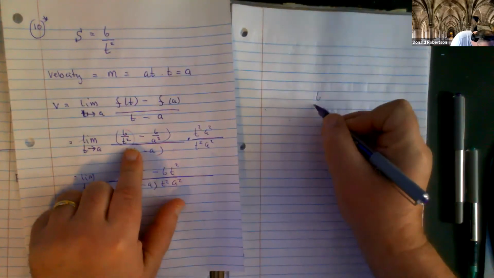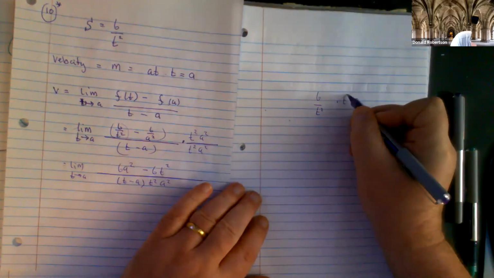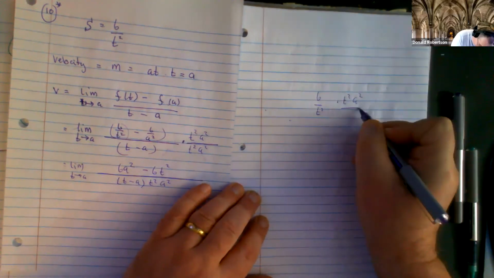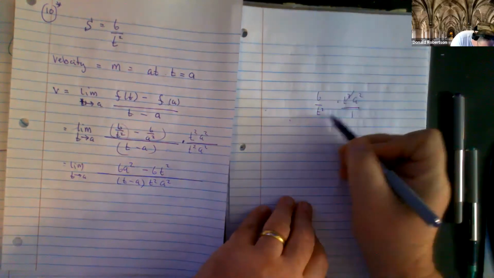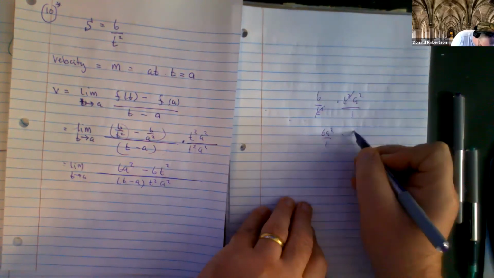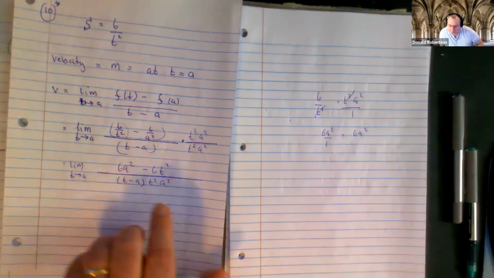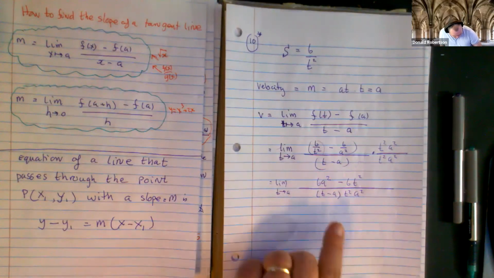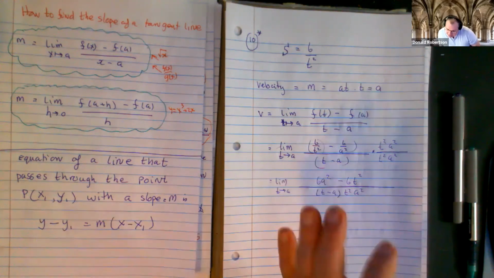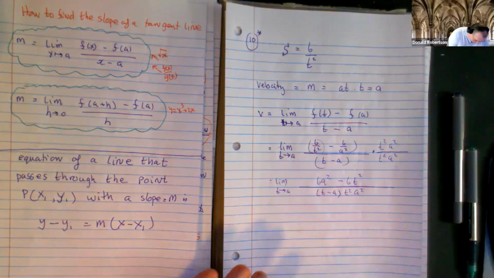If you take 6 over t squared, which is the first one, and you multiply it by t squared a squared, if you prefer, put it over 1, can you see that they cancel and you're left with 6a squared? And that's what I got. Right, so that's what I'm doing here. Well, it's looking nice, small anyway, but not very obvious where we're going next.